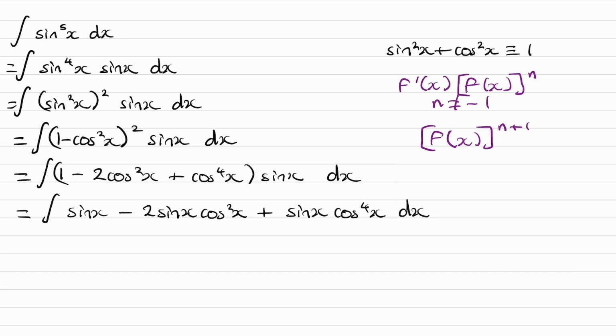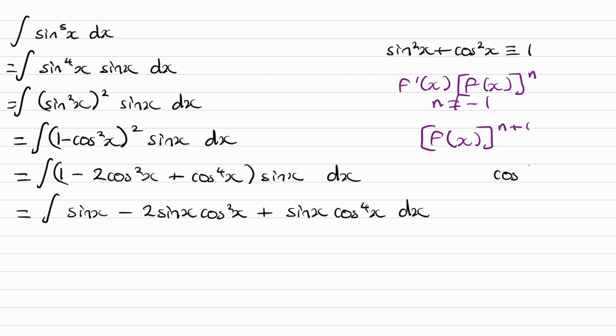So just to clarify, the reason why this is of that form is because f of x, which in our case would be cos x, would differentiate to make minus sine x. This is not quite minus sine x, it's off by a factor, but we'll correct for that. So cos x is our f of x, sine x is our f dash x, and the 4 is the power that we have here, which is not minus 1. So our solution for this would be of the form of cos to the 5x.